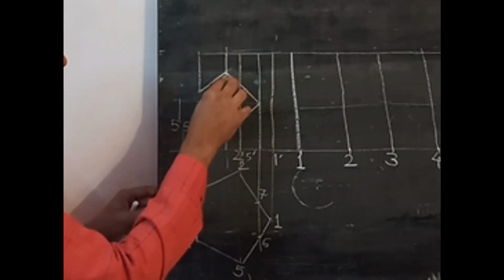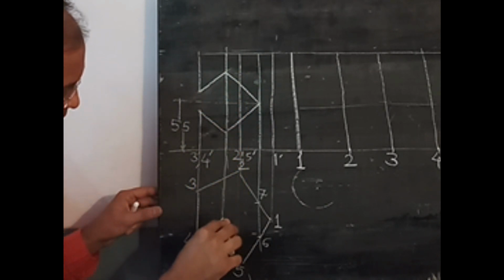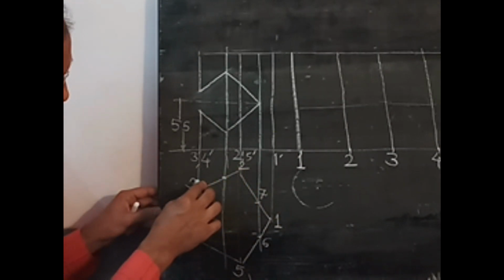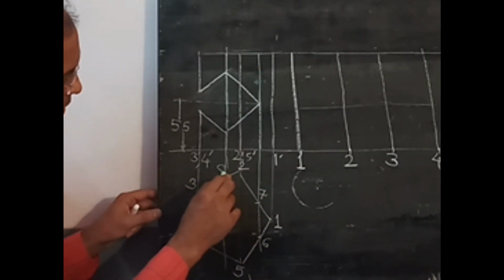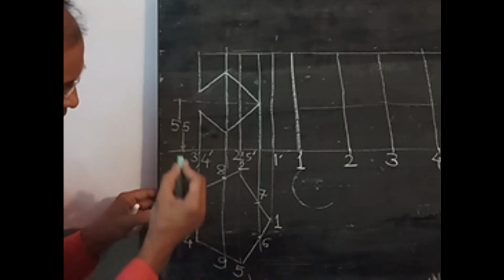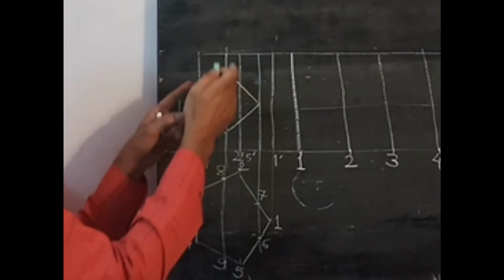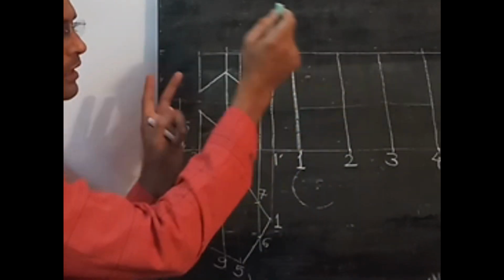Similarly, if you get these two edges in the top view, here also we find that there is one extra edge between 2 3 and another extra edge between 4 and 5. Let us say this is edge 8 and this is edge 9. This way we have considered the required extra edges on the surface so that we get this cut surface properly on the development.